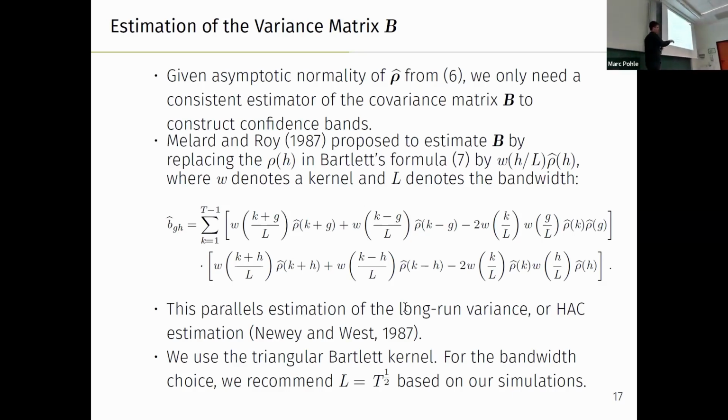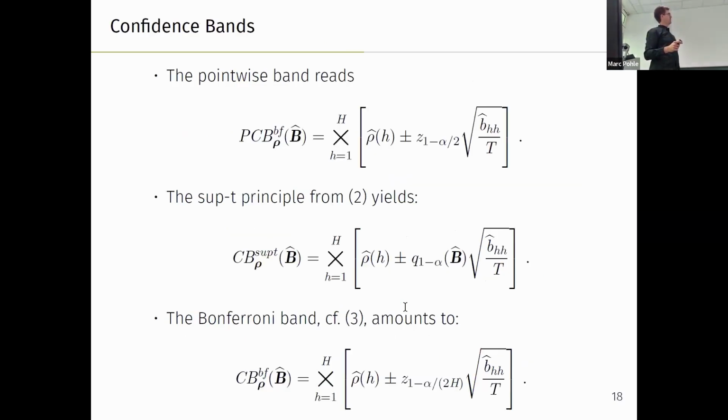We use the triangular Bartlett kernel, which weights down the autocorrelation. You have to choose a bandwidth here. From our simulations, we recommend a rule of thumb, the square root of the sample size, which we use for the bandwidth in the applications that I show you.